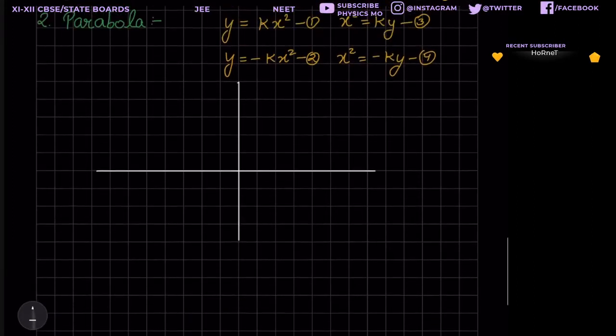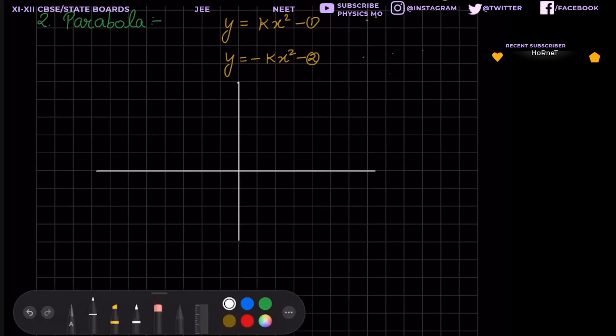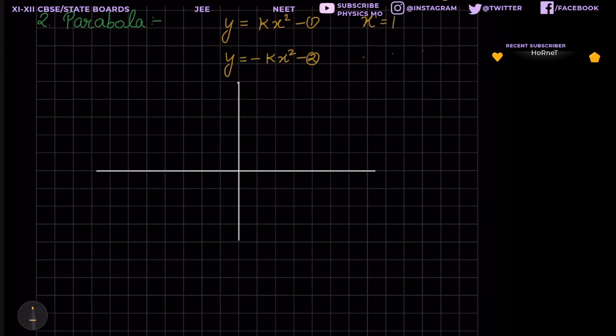For the first one, which is y is equals to kx square, always remember the term, just a second, अपन ने y को स्क्वायर किया ही नहीं है किधर भी. जस्ट अ सेकेंड. They can be like y is equals to kx square or x is equals to ky square, or x is equals to minus ky square.